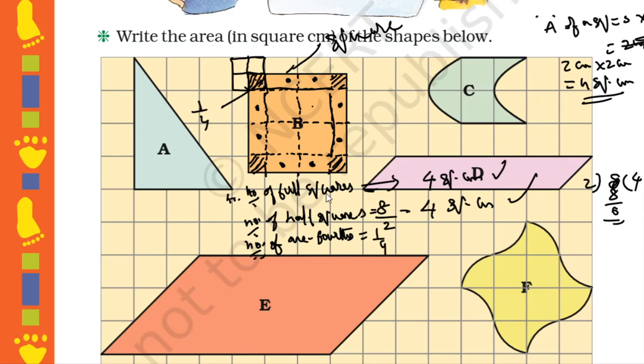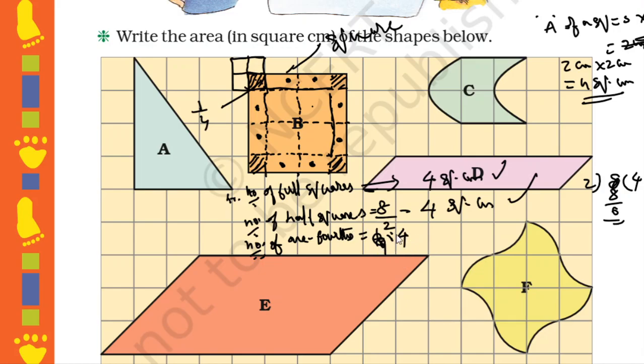If you multiply the total number of parts by 1/4, we will get the total area of the 1/4s. So how many are there? The number of 1/4s is 1, 2, 3, 4. How many are there? 4.